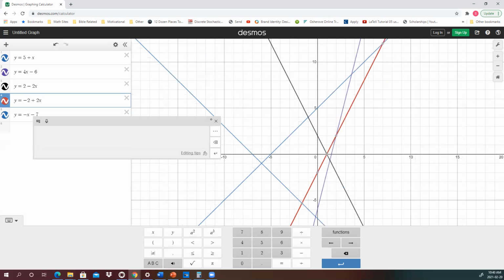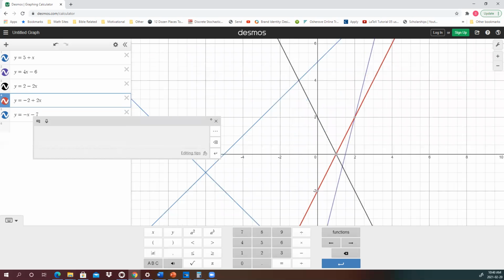Do you see there? -2. So it cuts it at -2 right here. I cut it at 1 on the x. Yeah, but the cut for the x-axis is not critical for the equation of the line. So -2 would be our c value. And then if you work out the gradient, we should get +2.